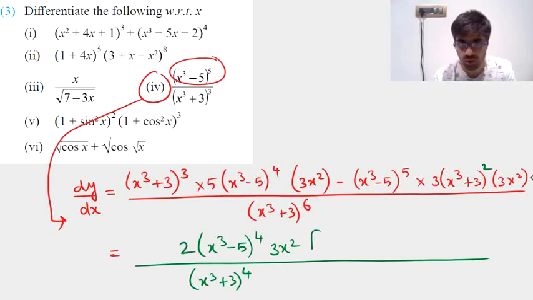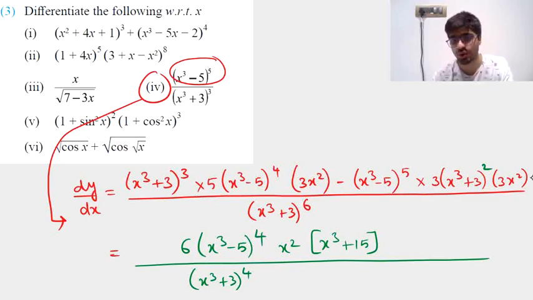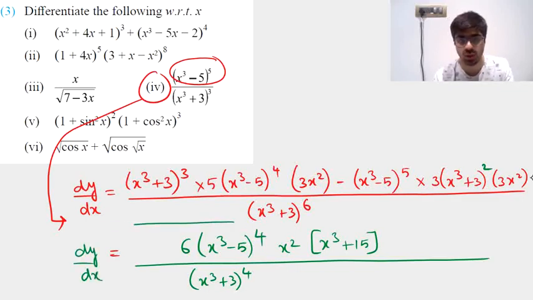So 2 comes out common. Then there is x cube plus 15, and then there's 2 into 3 which is equal to 6. So you write that 6 over here and eliminate the 3 from here. And you are left with a power 4 here. And that's how the final dy by dx expression is going to look.